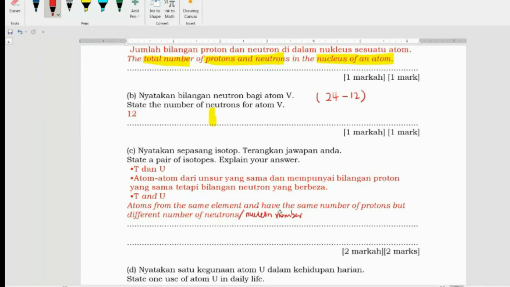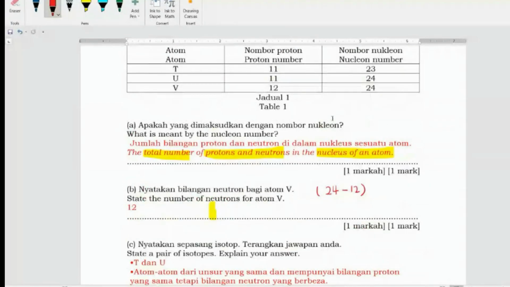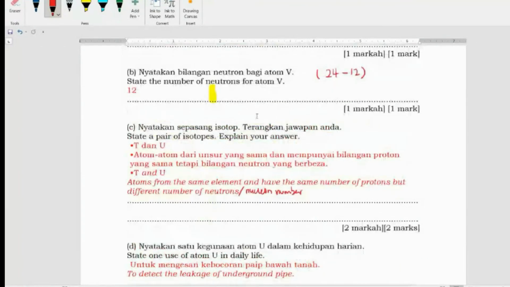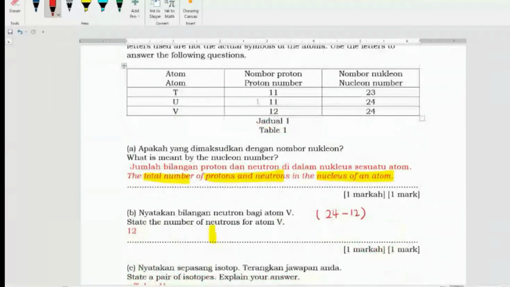Okay, Willie, can you read this question and then try to give your answer? Use of atom U in daily life. So what is U first? 11 protons. Siapa ingat? Ini paper 2, dia akan berikan periodic table lah.